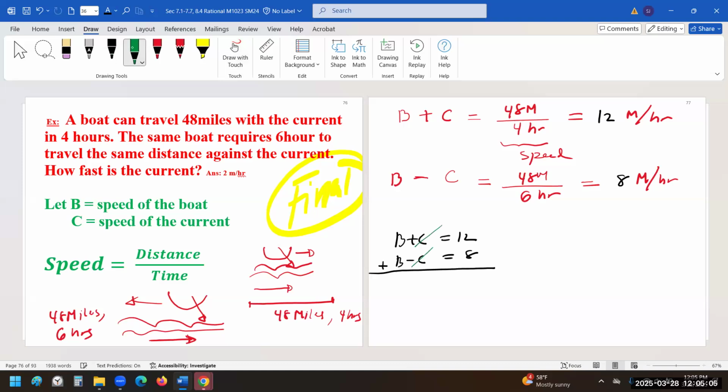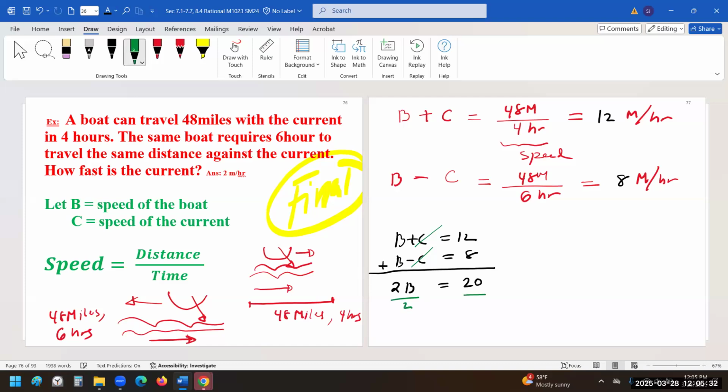The plus C and minus C get eliminated. That's why this is called elimination or addition. It's called addition because you add them. It's also called elimination because when you add, one thing gets eliminated. So we get 2B equals 12 plus 8. What is 12 plus 8? 20.